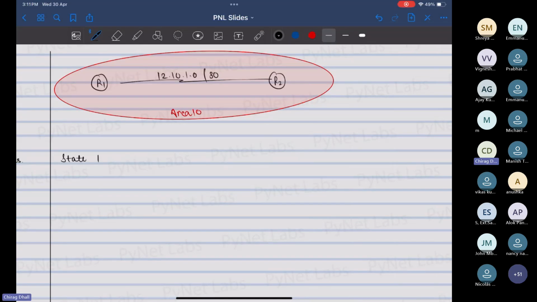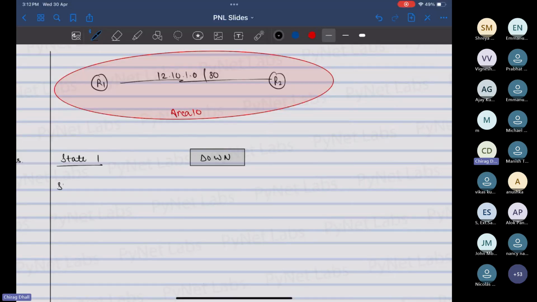State 1 of the OSPF neighborship is down. This is when OSPF is not yet enabled on the device. Clear? So when you have just connected the routers and OSPF hasn't been enabled on the device, at that time you can say that the state of neighborship is down.